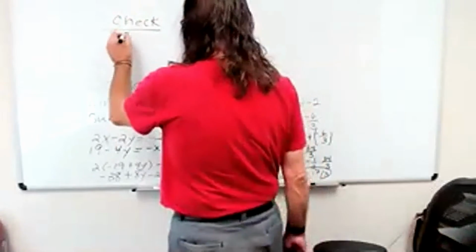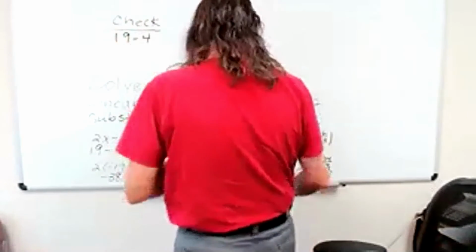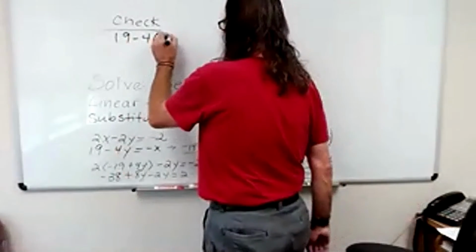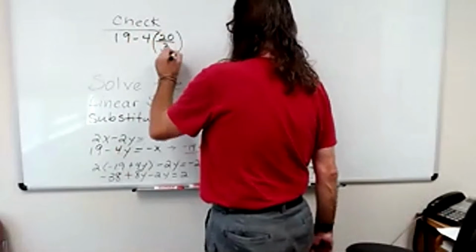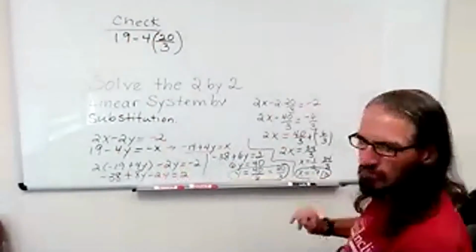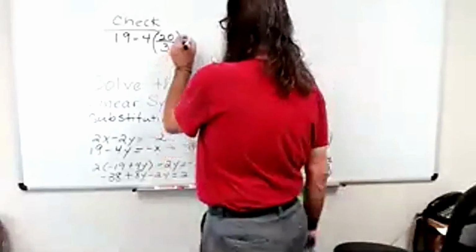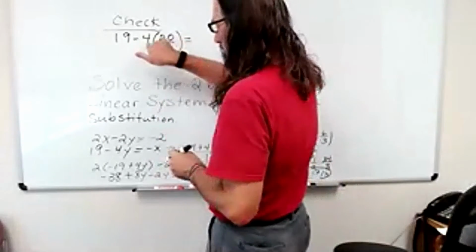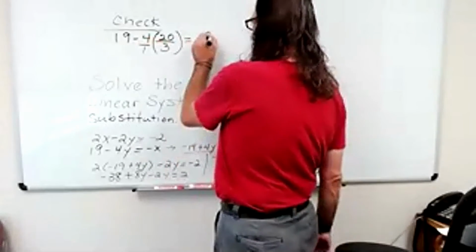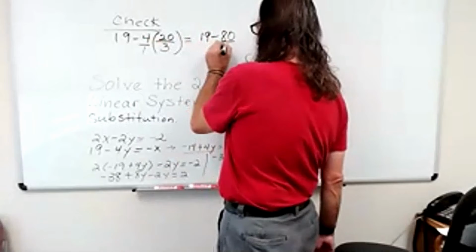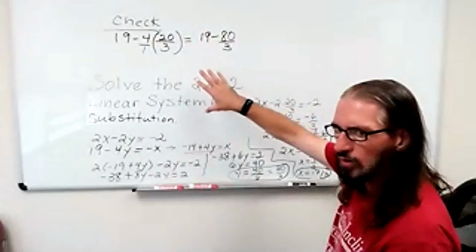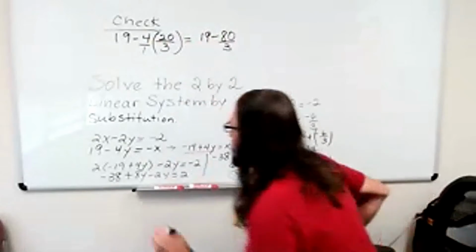So 19 minus 4 times y, that's 4 times the 20/3. We want to see if we're going to get the negative of what we just found for x. Think of that 4 as 4/1 if you need. Think of 19 as 19/1 and multiply top and bottom by 3.